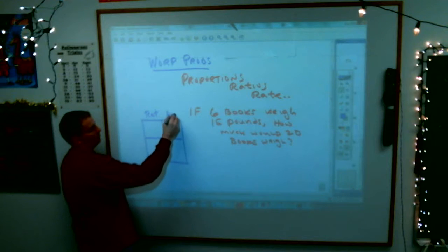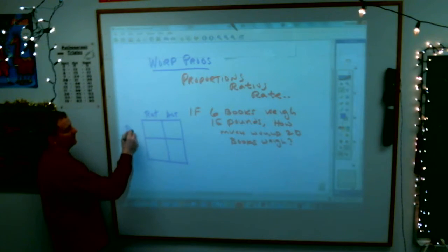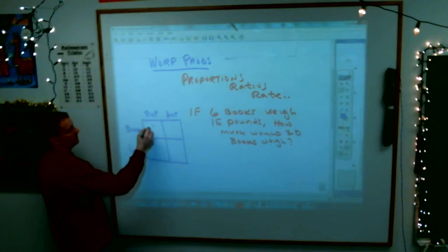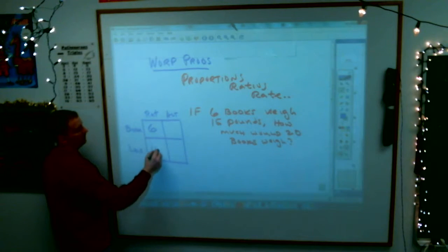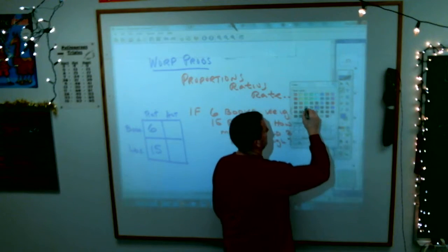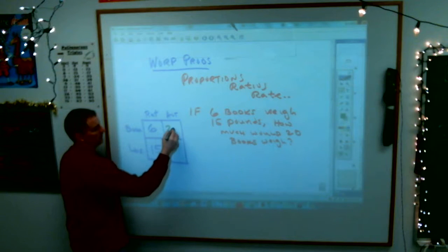This is the actual. And here are the two things you're comparing. It doesn't matter really which one you put on top. I'll put books on top because that's the first one I talk about. And this is pounds. I know that 6 books would be 15 pounds. And the question is asking me, how much would 20 books be?